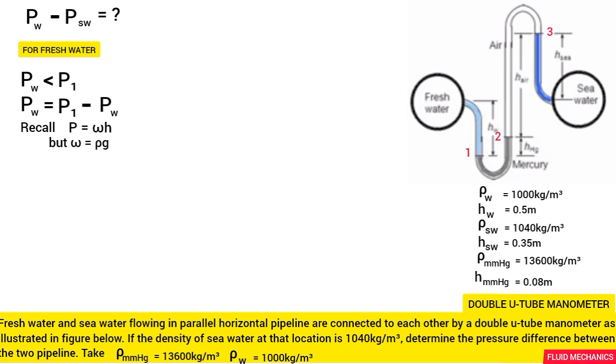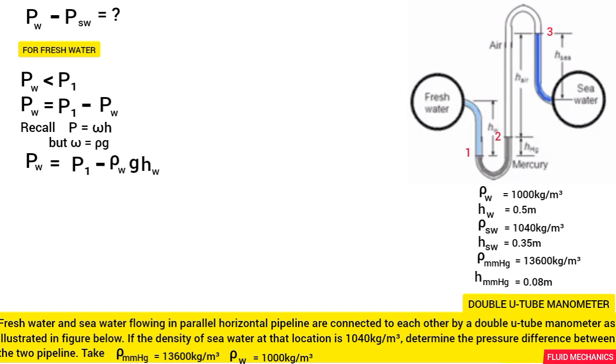Density times gravity. So I will now input this and say that the pressure of the freshwater, P sub W, is equal to the pressure at point 1 minus the density of the freshwater times gravity times the height of the freshwater.